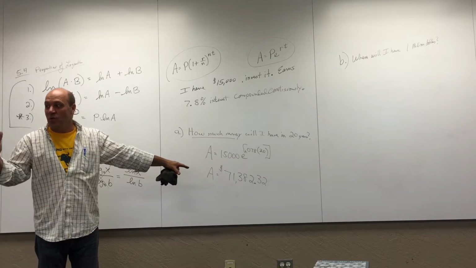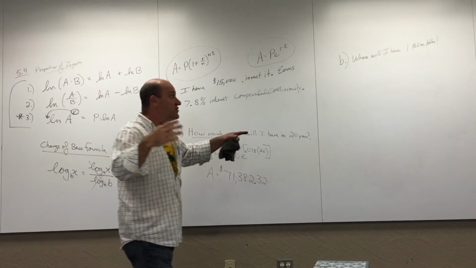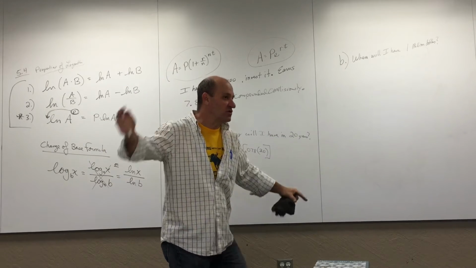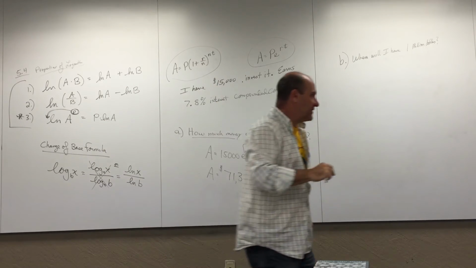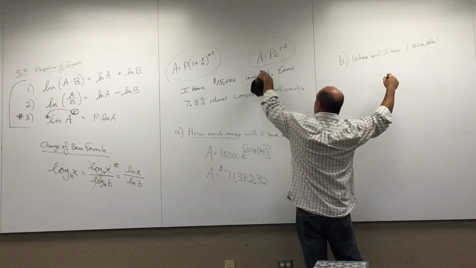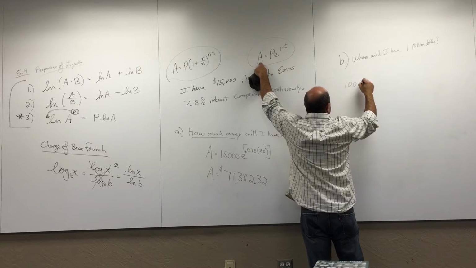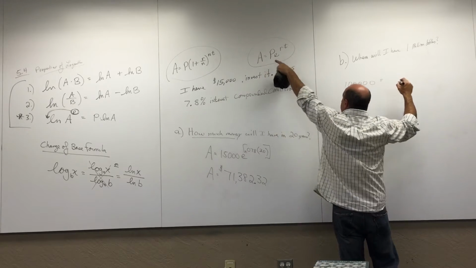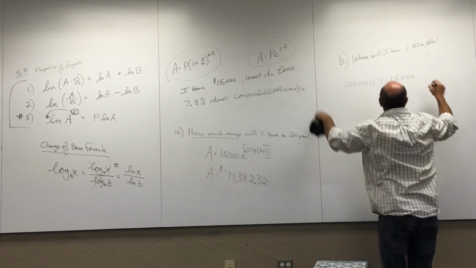Okay, and then the next question is awesome. The next question makes you solve an exponential equation, which we were working on 15 minutes ago. When will I have $1 million means you plug in 1 million for this. This is still the 15,000.